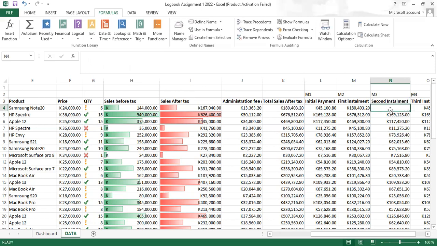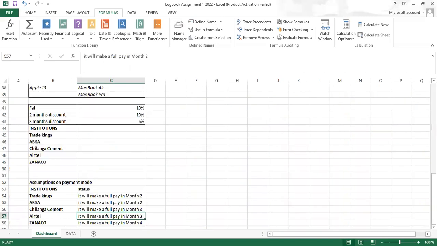Yes. Okay. The reason I'm asking is so that I can tie up the names of the institutions to these months we are looking at. When you talk about APSA, I think with me, it made its full installment in month 4. In your case, it did its full installment in month 2, as can be seen.